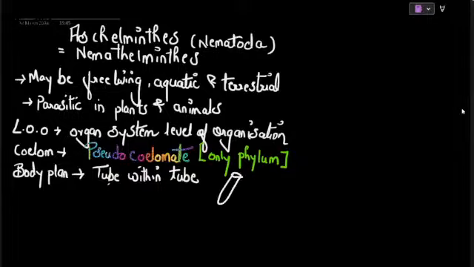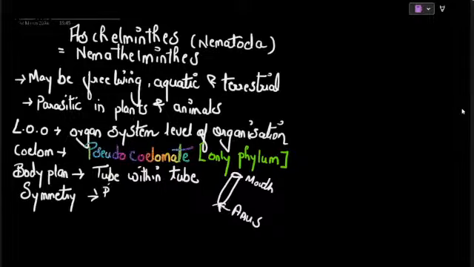So here is the opening for mouth, and at the posterior end the opening is for anus. Done. Next. Symmetry is bilateral.